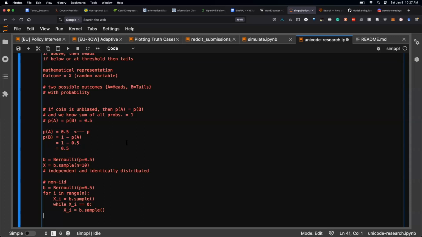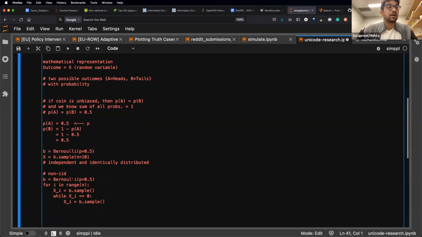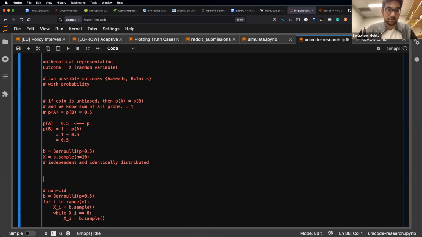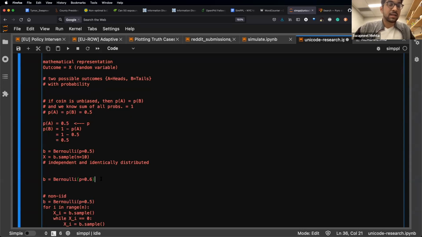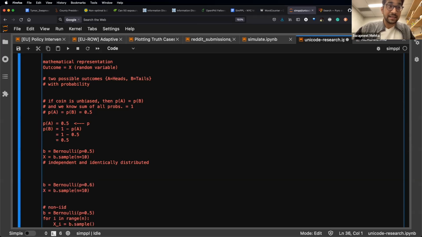So originally, if this is what you were doing, if you're saying this is 0.6, and you do the same thing for x, your samples are still IID, in the sense that they are independent and identically distributed.